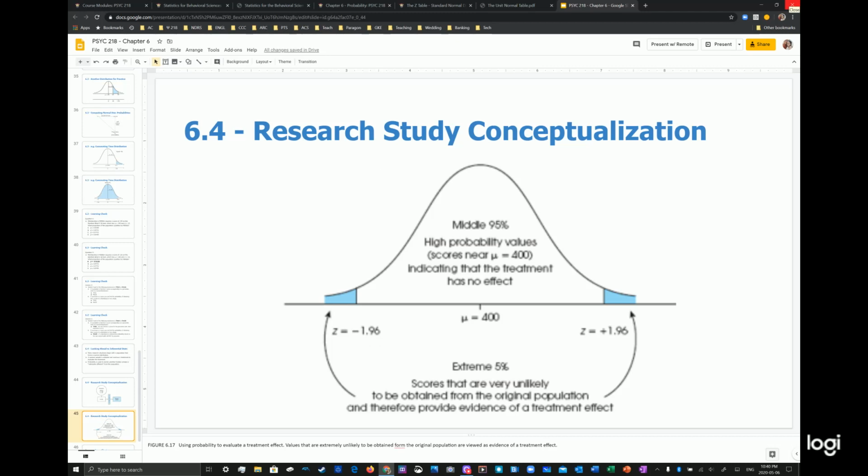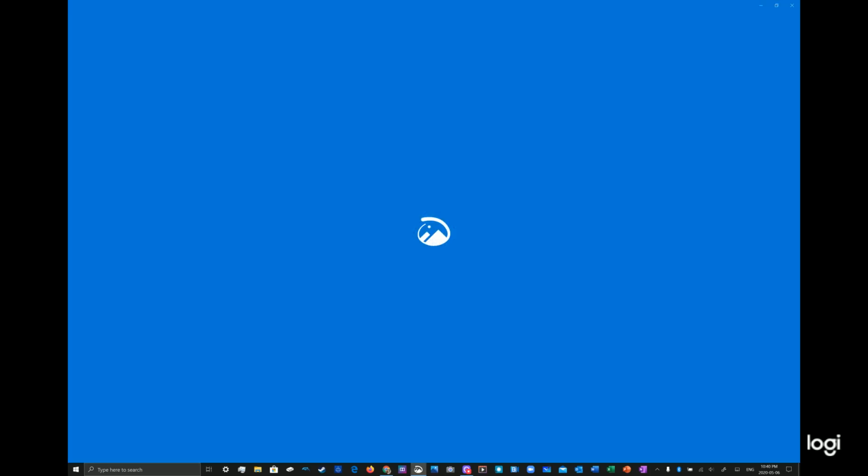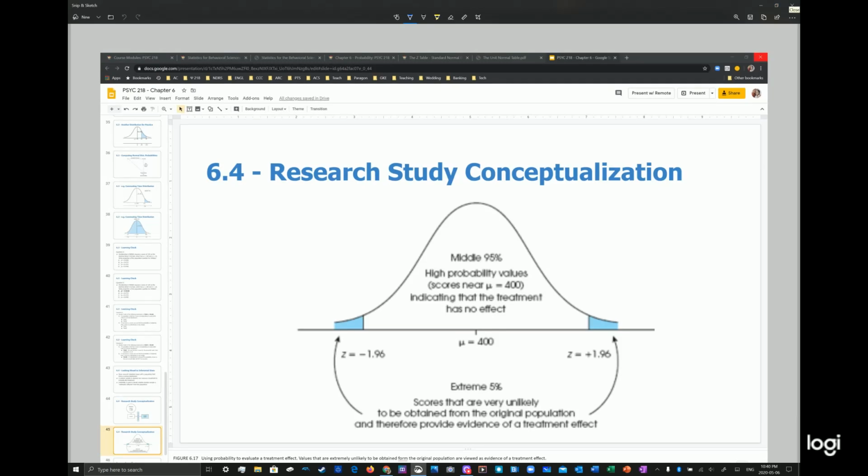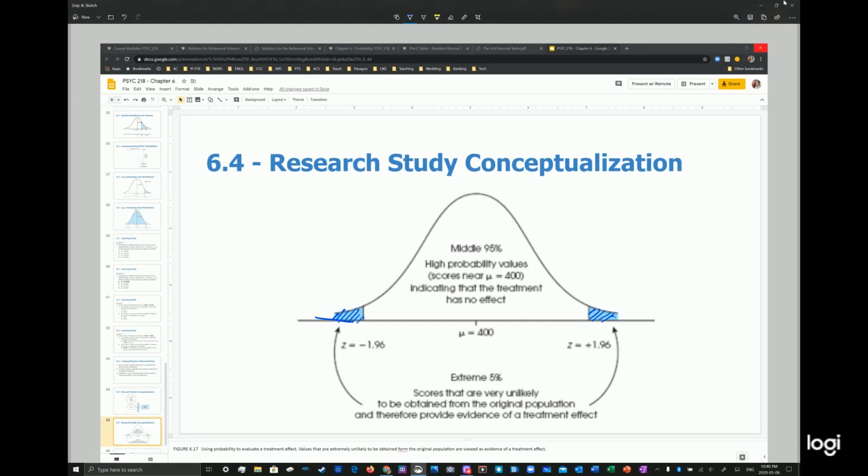Another way to show that concept here is with the probabilities itself. And so again, if you set a particular region, and we will call this the critical region, where a score is extreme enough in the population distribution or a sampling distribution, which is an approximation of the population distribution, then if a particular sample falls within this extreme over here, we'll say, yeah, it's really extreme.